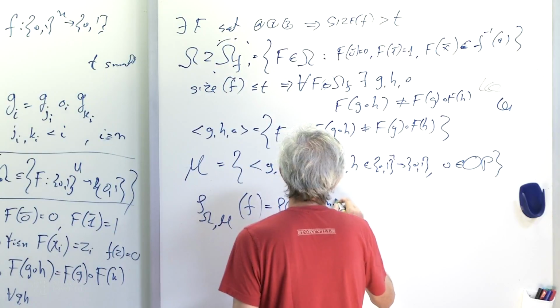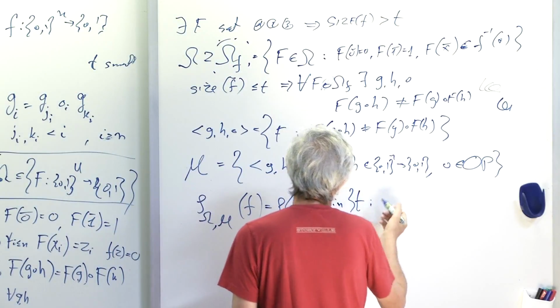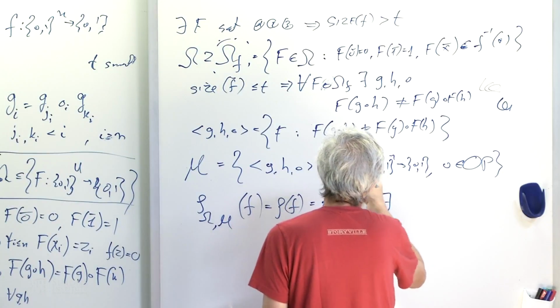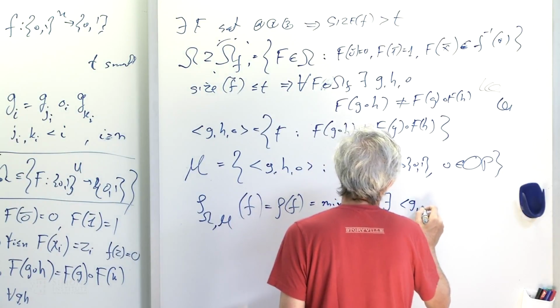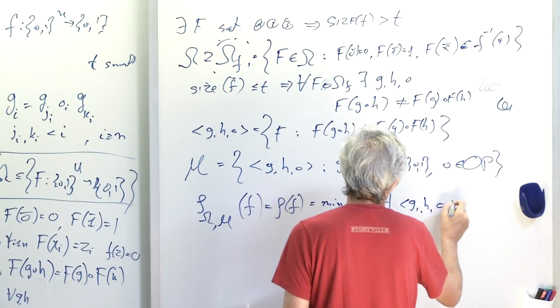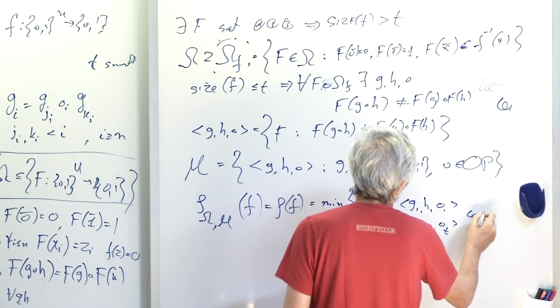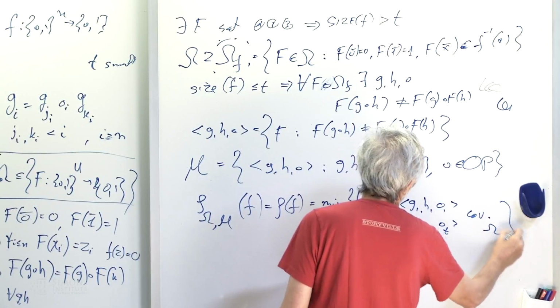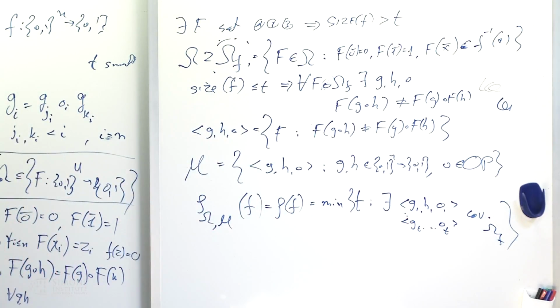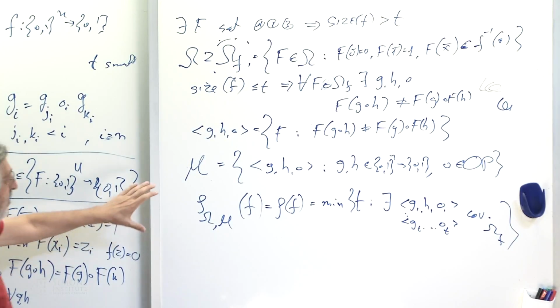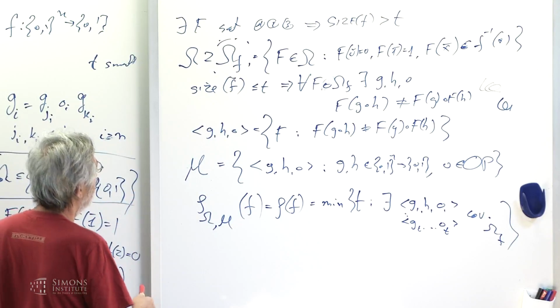Then minimum t such that we have g1, h1, operation 1, up to gt, ht, operation t, covering omega f. So we have a cover problem whose solution lower bounds the circuit size. And this is a meta theorem. So basically, meta theorem 1.